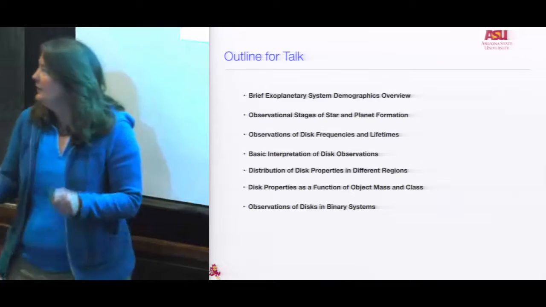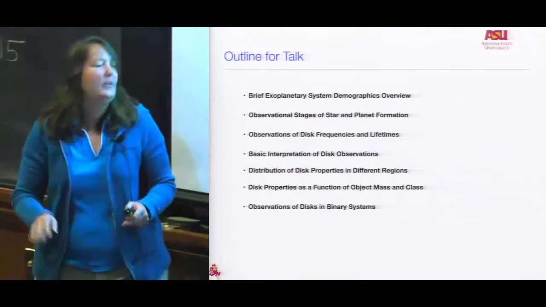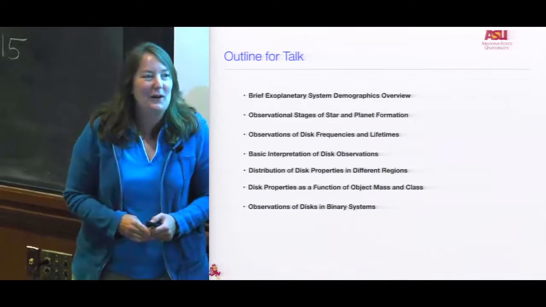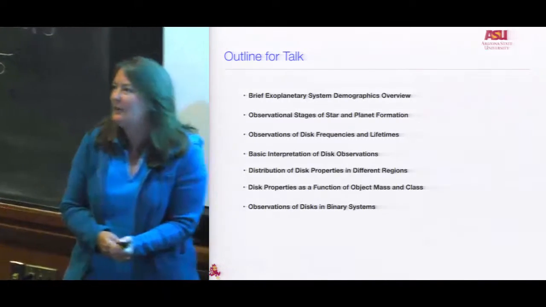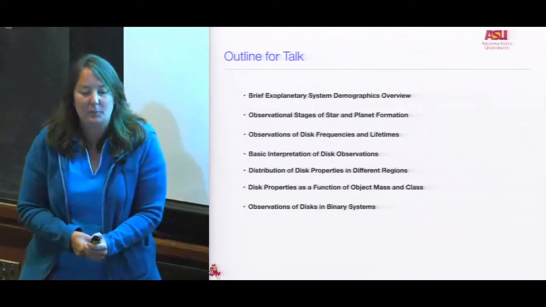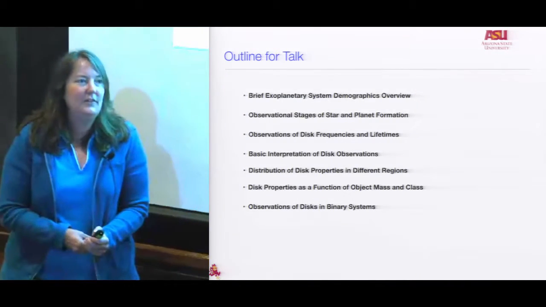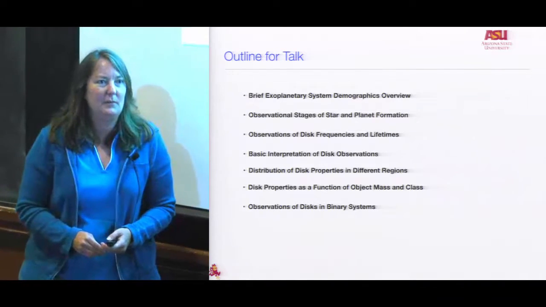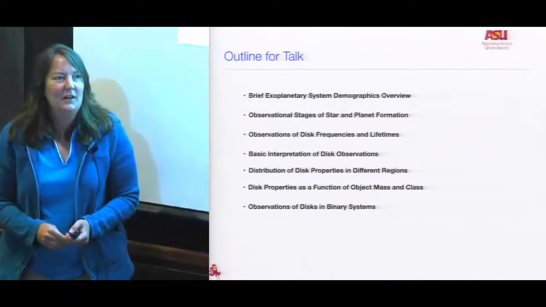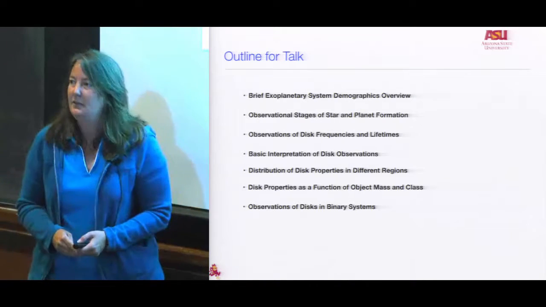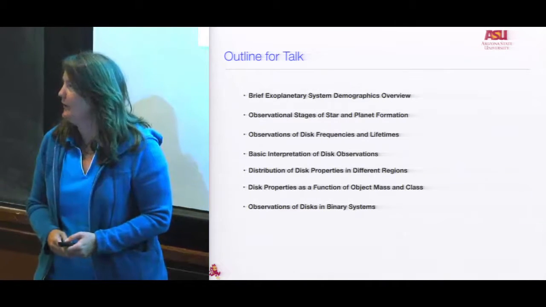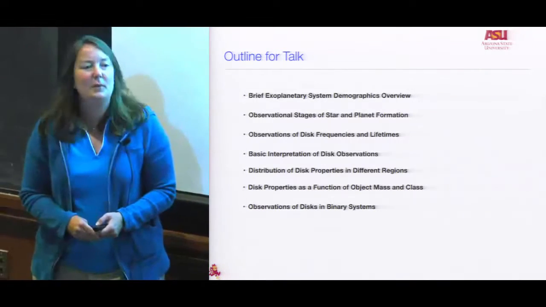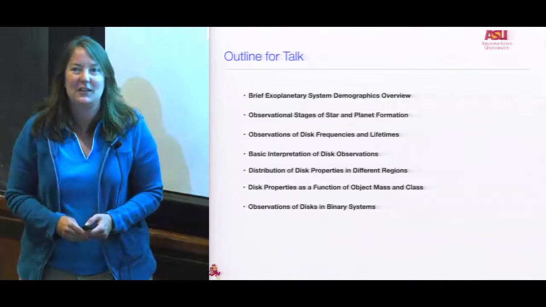So as an idea of where I thought it might be useful to head, since it's a demographic study, I thought I would start off with a little overview on some of the demographics that might be linked towards disk properties, and then go on with just the basics, not knowing whether some of you may come from a strictly exoplanet observation or theory background. So just an overview of star and planet formation and how observations are linked to those ideas. And then understand how we know whether or not an object has a disk.